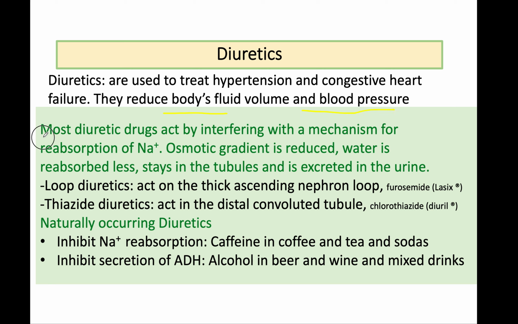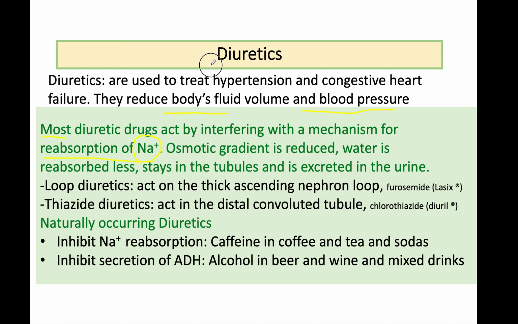Most diuretics interfere with the reabsorption of sodium. When the sodium is not reabsorbed, then water is not reabsorbed because, as we know, water follows sodium. The water, when it's not reabsorbed, will stay in the tubule and will be excreted in the urine.